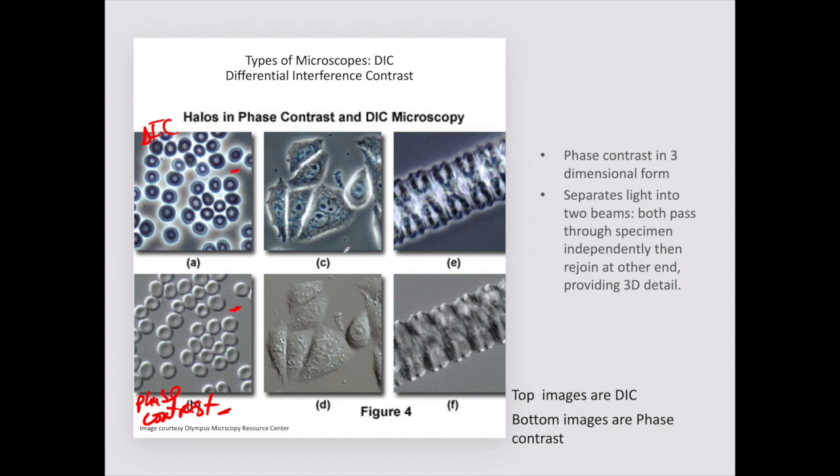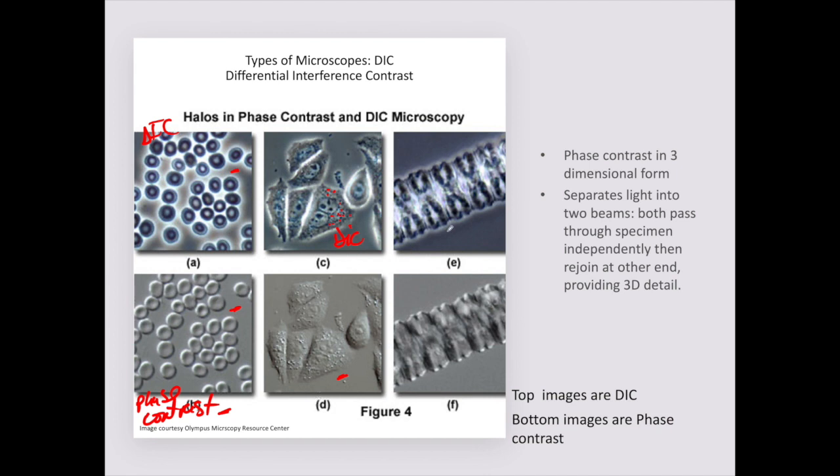But over here, I have some epithelial cells. In C and D, these are epithelial cells, and I want to see inside of them. So here, I'm going to select the DIC method because I get a lot more detail. I can see nuclei, I can see structures. These are probably small ribosomes of some kind or proteins. I can see detail in this cell that I cannot see in the phase contrast.